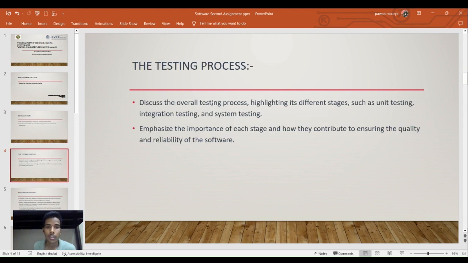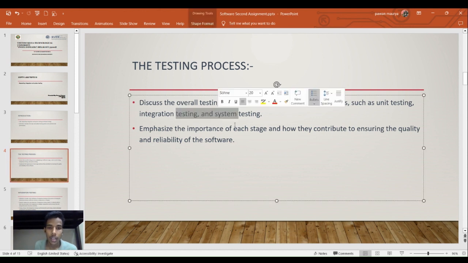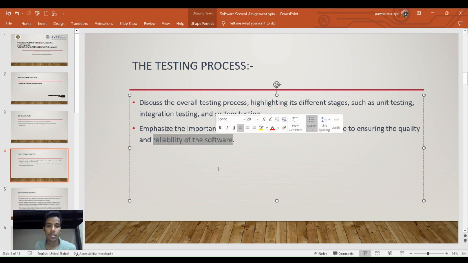Discuss the overall testing process, highlighting the different stages such as unit testing, integration, and system testing. Emphasize the importance of each stage and how they contribute to ensuring the quality and reliability of the software.